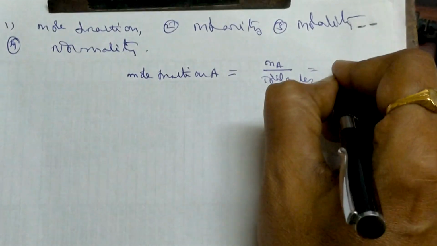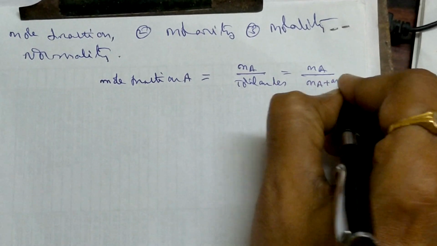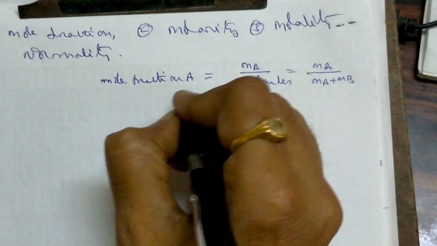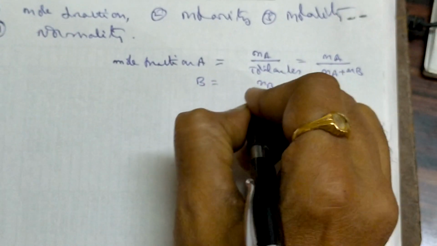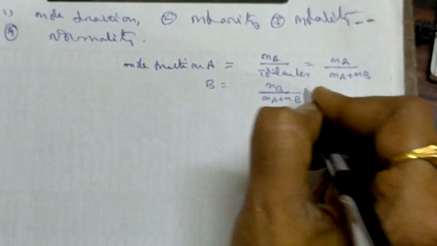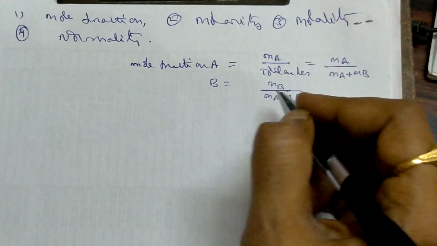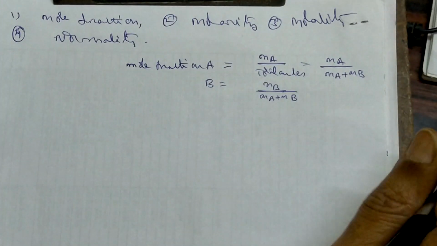That is nothing but Na by Na plus Nb. That is the mole fraction of A. If I want the mole fraction of B, it is Nb by Na plus Nb. If there is a third component, then Nc is similar. If 3 is there, you can also see it like this.